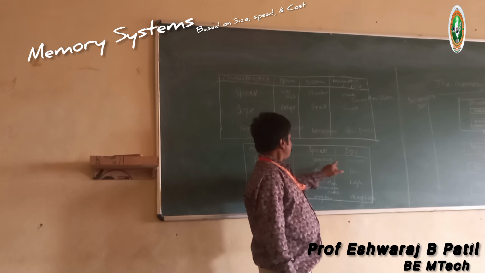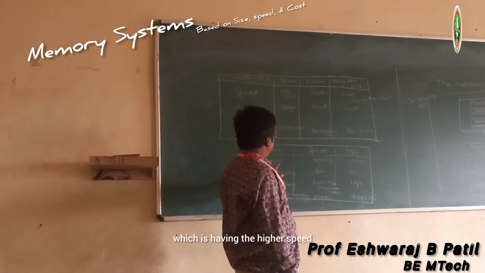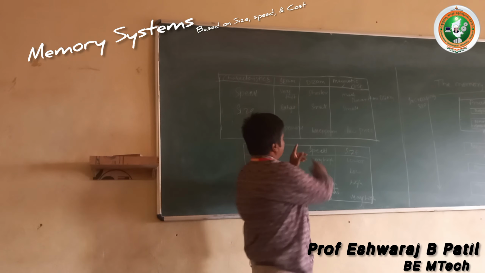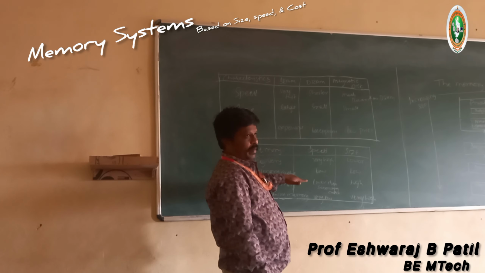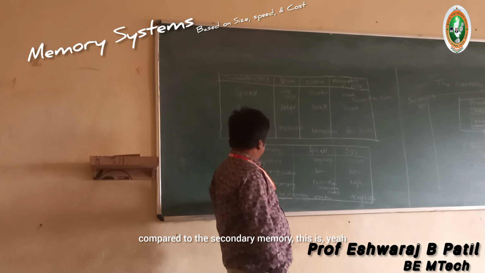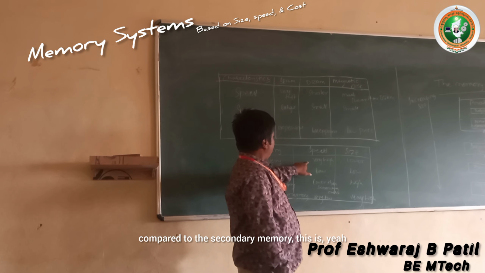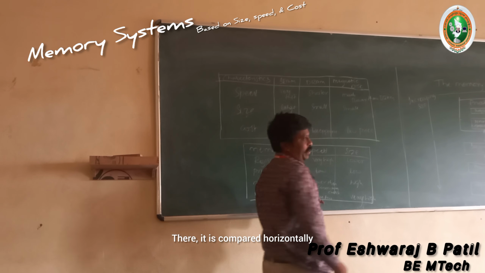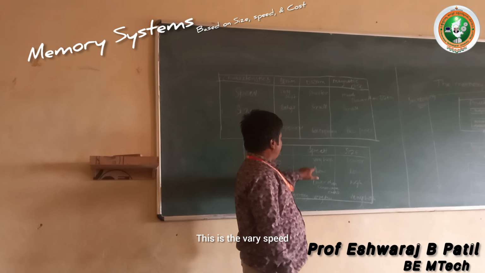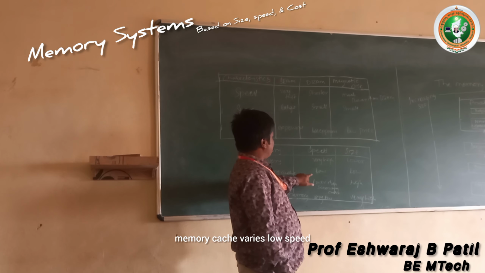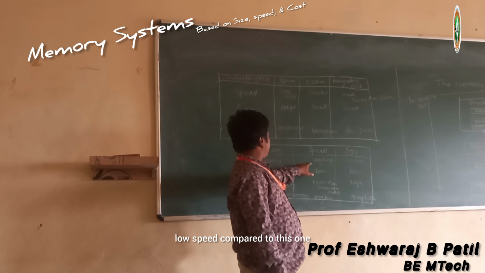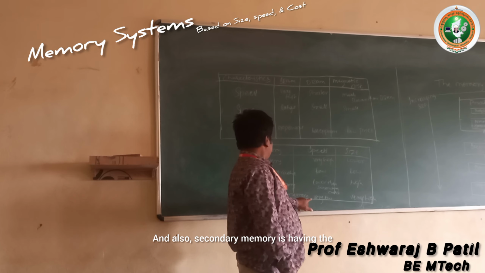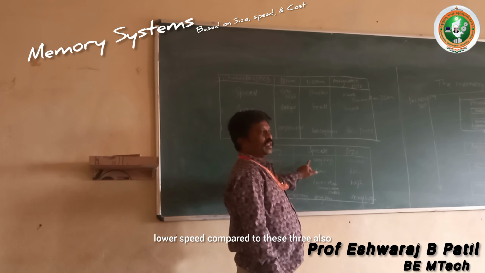The cache has lower speed compared to the registers. Main memory has lower speed compared to the secondary cache, and secondary memory has lower speed compared to these three also.